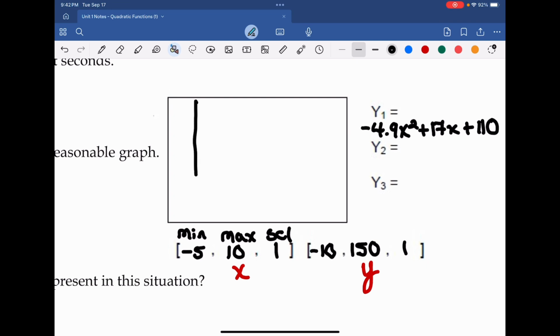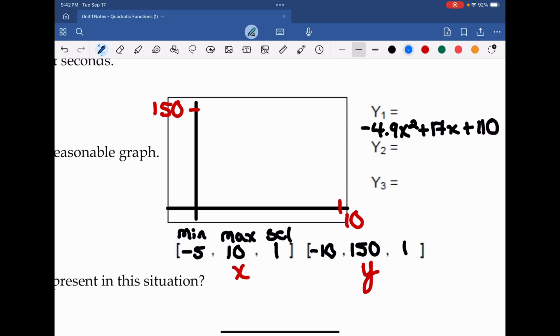What we're going to do is it's going to look like this. I'm going to do a very, very rough sketch. Here are our lines. We set our maximum up to this value here, so we said a window of 150. We set the x max to be at 10, so I'm going to write 10 over on the far side here. And then what we found is that the graph would look something like this.